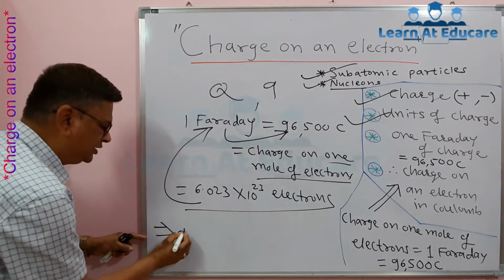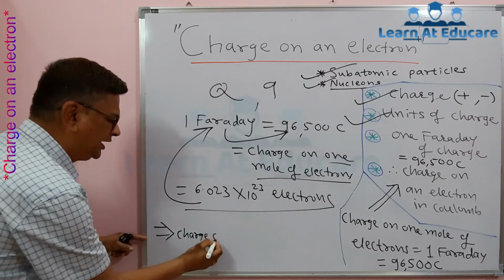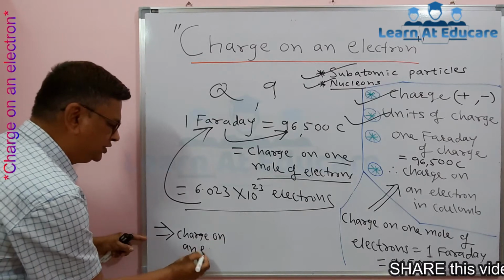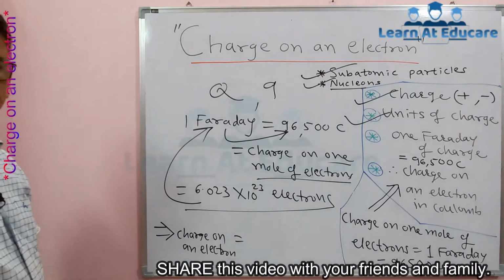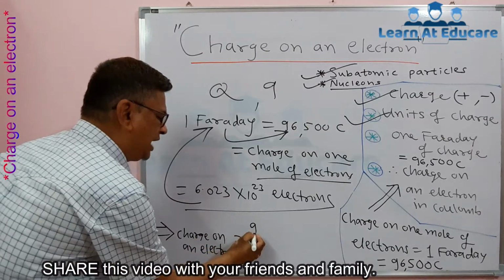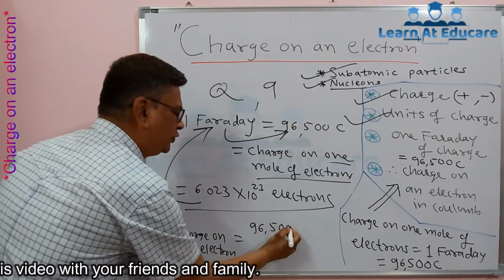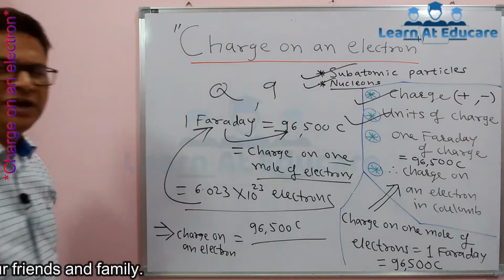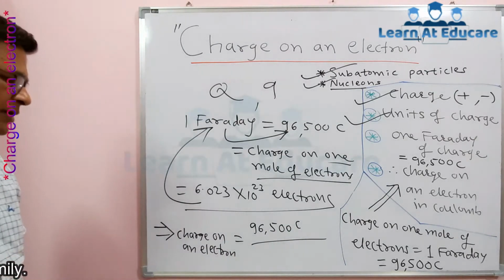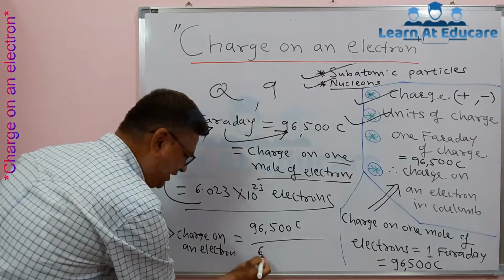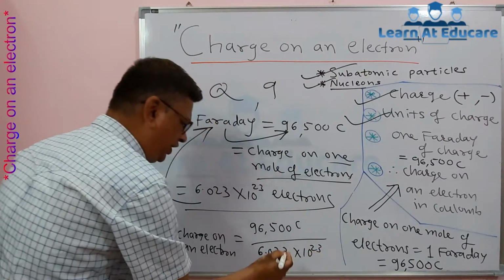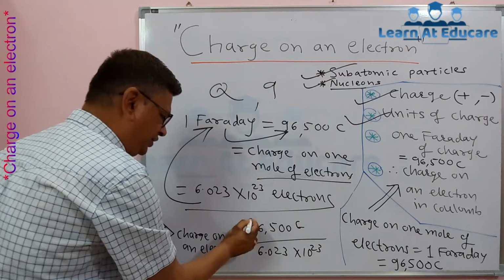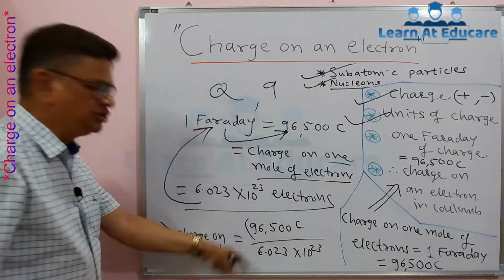So this gives the conclusion. We can find the charge on a single electron. Therefore, charge on an electron will be equal to the charge on 1 mole of electrons in Coulomb, 96,500 Coulomb, divided by the number of electrons present in 1 mole, that is 6.023 into 10 raised to 23, Avogadro's number.